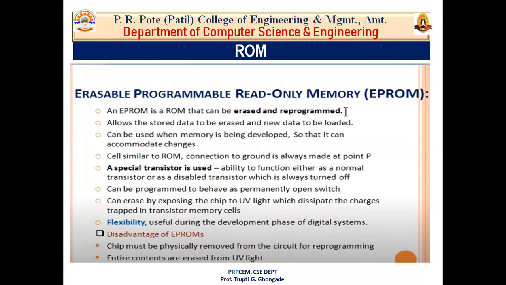So we can erase the contents of the EPROM chip by UV light, which dissipates the charges trapped in a transistor memory cell. This special transistor acts as a disabled transistor, and we inject certain charges. In order to remove the information from this cell, we have to remove those charges, which is done by exposing the chip to UV light.